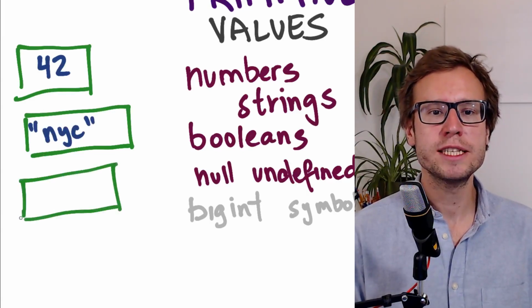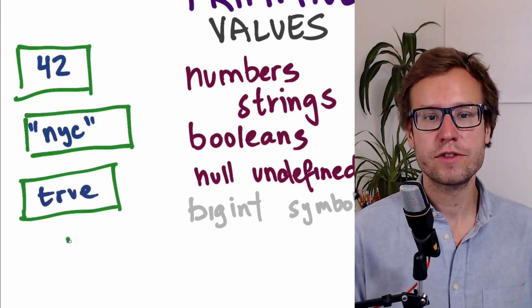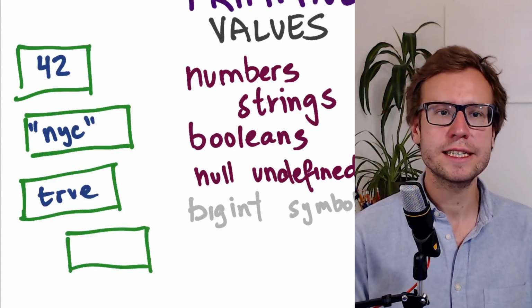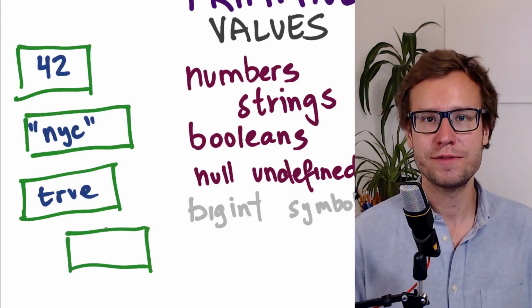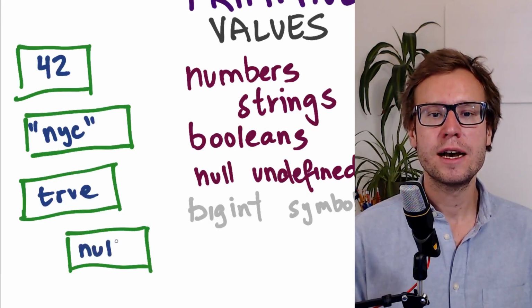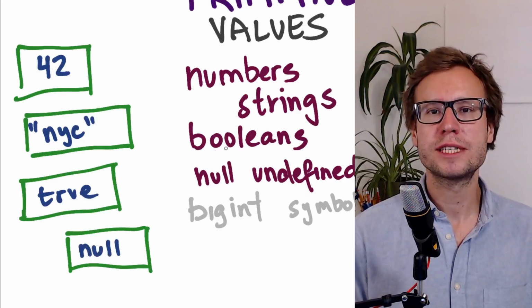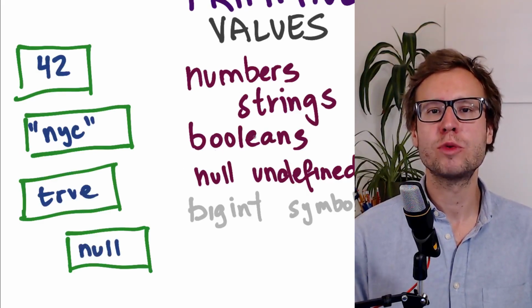Same thing with booleans. Booleans can have true or false as their value. And null, for example, even though it's technically a constant, every instance of the value null is actually the same instance. It still looks the same. So that's it for simple values. They don't really have much more to them.